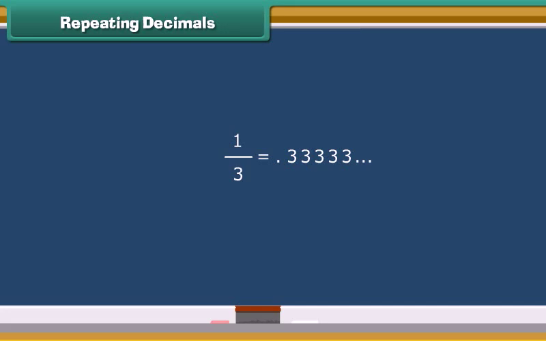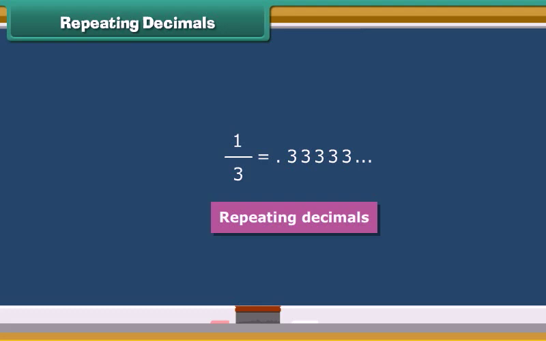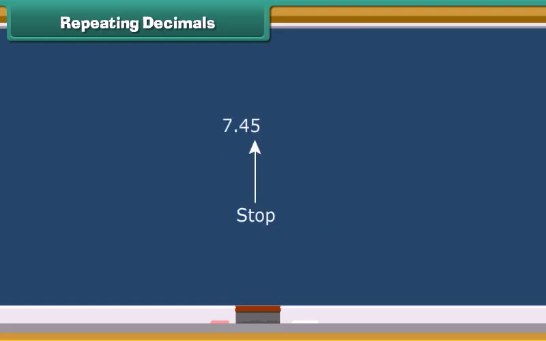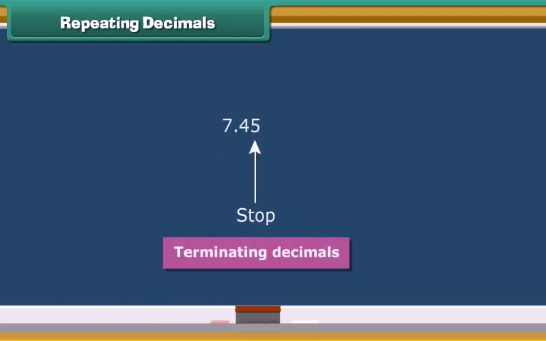So these decimals are termed repeating decimals. You can round off the number after the 3/10 or 300, but it is more accurate to put a line over the last number. This line indicates that the number keeps on going. And the decimals that stop are called terminating decimals.